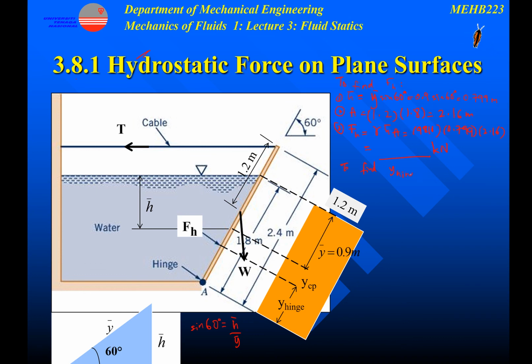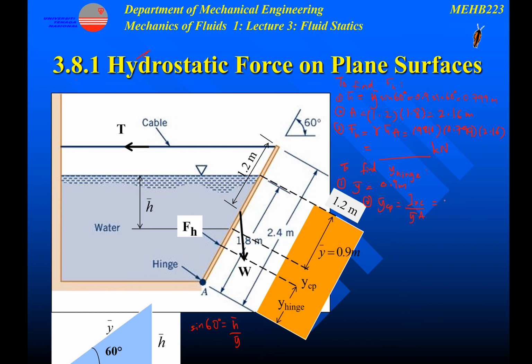Then you need to find y hinge, the perpendicular distance from the force to the hinge. The first step is to find y bar, which is 0.9. Then you need to find yCp, using the formula IXC divided by y bar A. Since this is a rectangle, the formula is normally provided in the appendix of the past year questions.